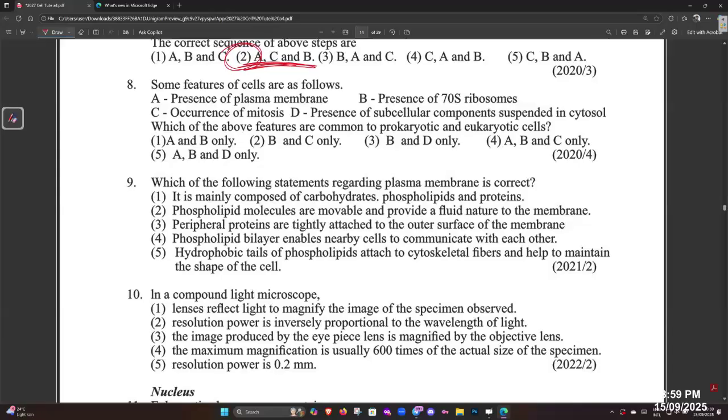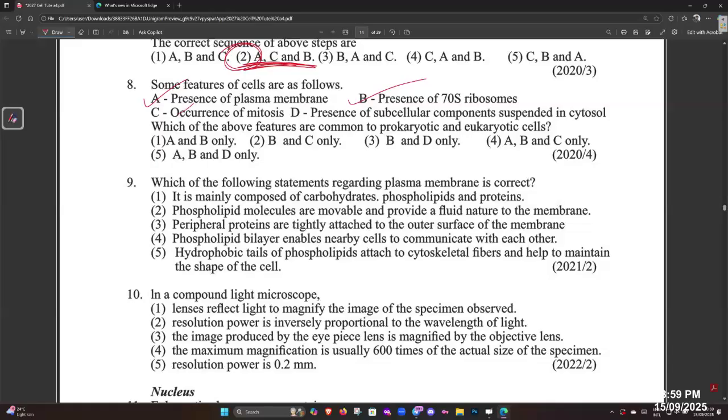Presence of plasma membrane, present in all. Presence of 70S ribosomes, you can take that. 70S ribosomes are present inside the chloroplast and mitochondria in eukaryotes. So we'll take that.